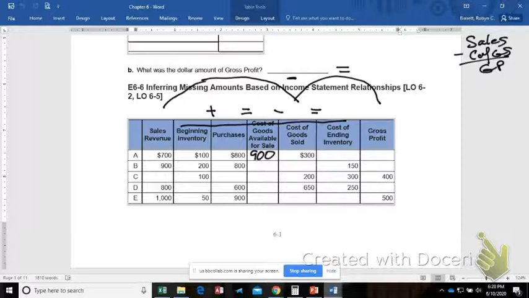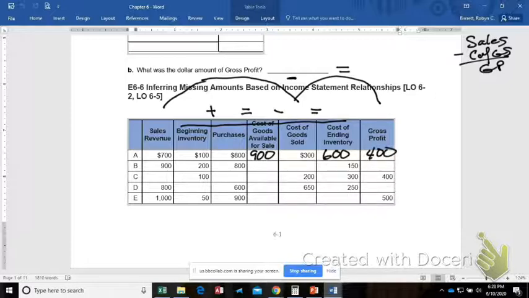Okay, so then our ending inventory is going to be how much? 600, okay. All right, and then the gross profit's going to be the one that jumps a little bit. So our gross profit's going to be sales minus cost of goods sold, which is going to be yes, you got it. Yep.